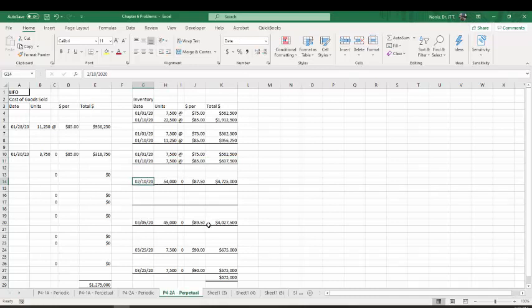And the next sale is going to be on February the 5th. And that sale is 1,500 units. And that also is going to come from the batch that we purchased on the 10th of January.